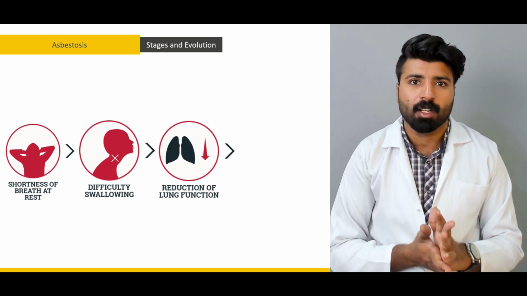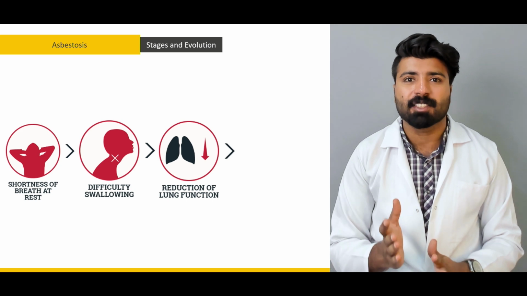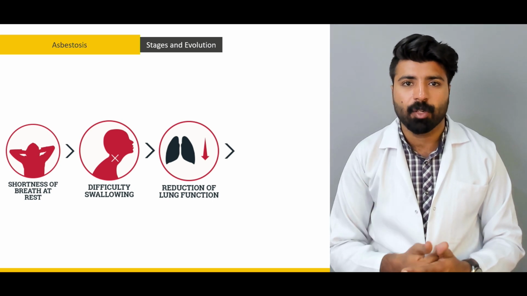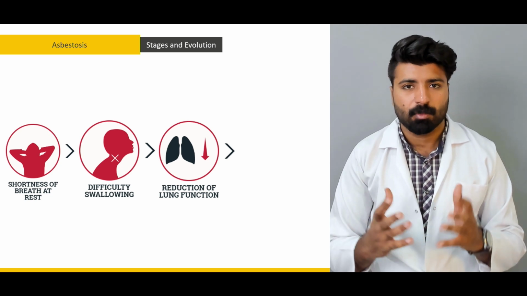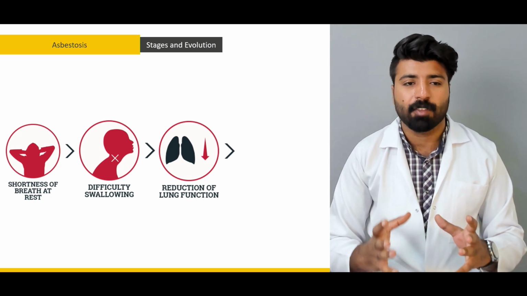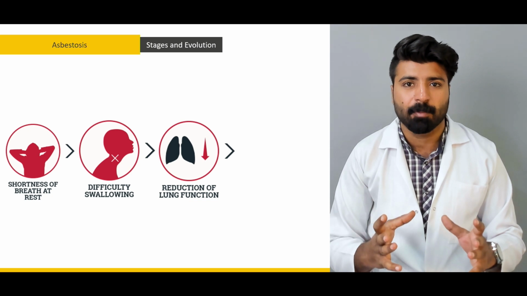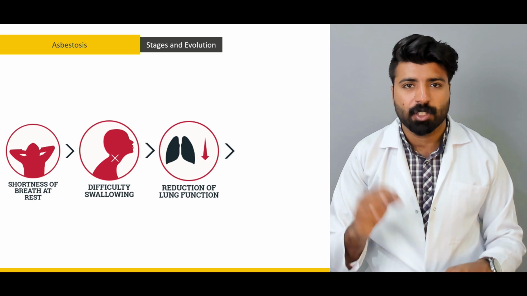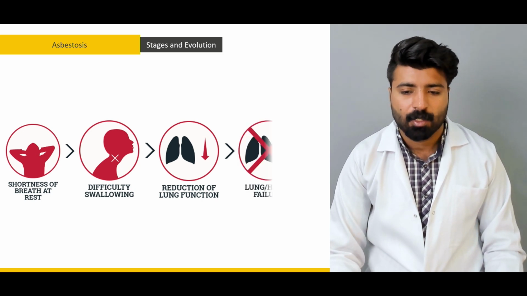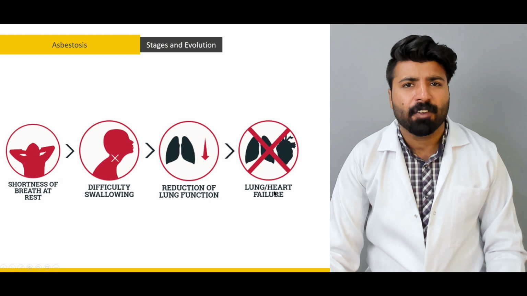As they are not working, the functional vital capacity of the lungs is going to get reduced, and that will lead to reduction of the lung function. The lung doesn't have that amount of space inside to compensate for the whole body's gas exchange. So the reduction of lung function will happen, and at the end, lung and heart failure will happen.